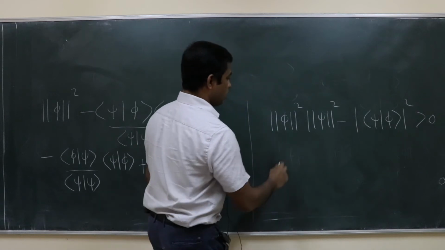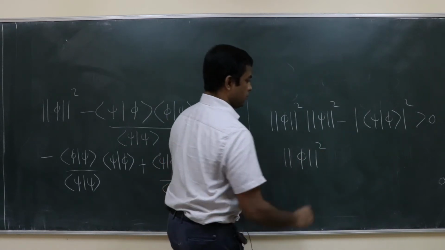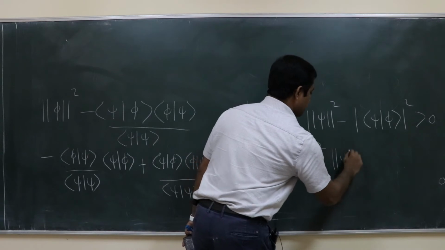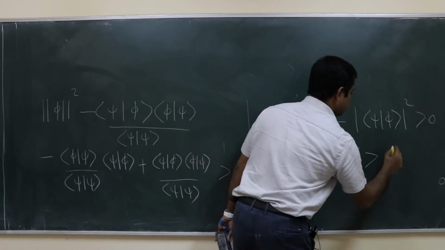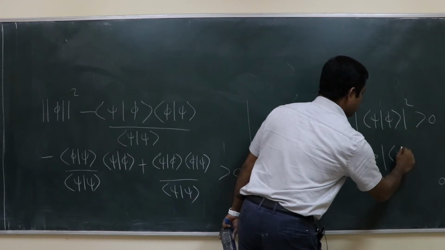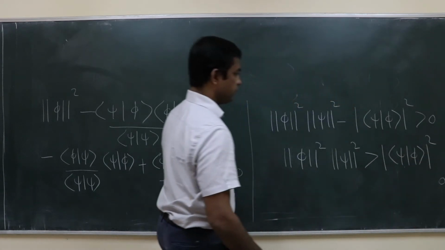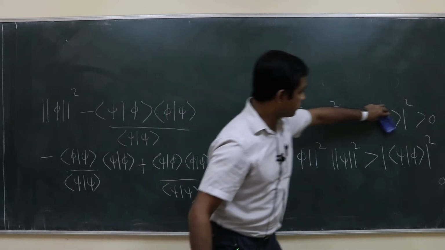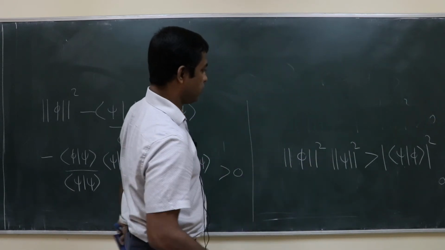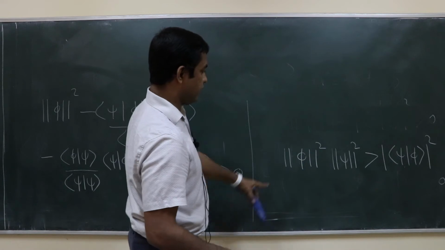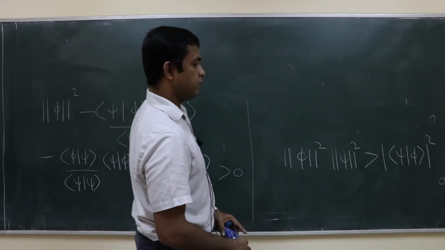So I can write this as a square is greater than, okay. So I can take the square root because I can write this as mod phi mod psi is greater than bra psi ket phi.